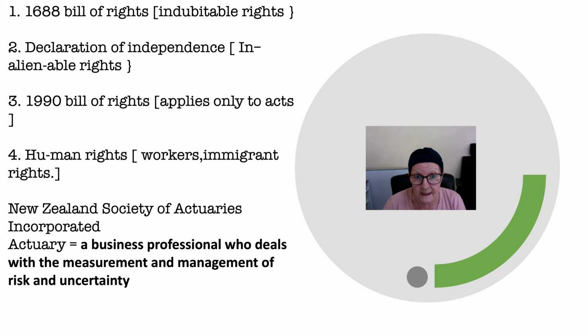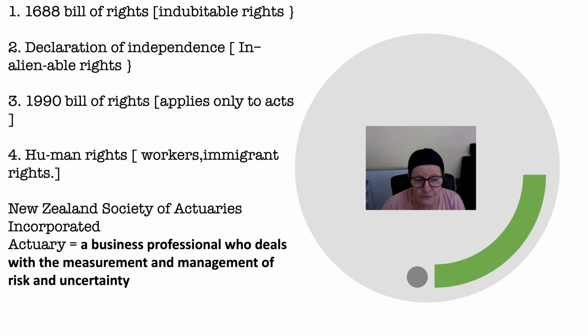What these acts do is put our rights into laws and make sure that they're incorporated into laws. But whenever they do this with the 1990 Bill of Rights in our countries, it is actually enabling this thing here called humans rights.